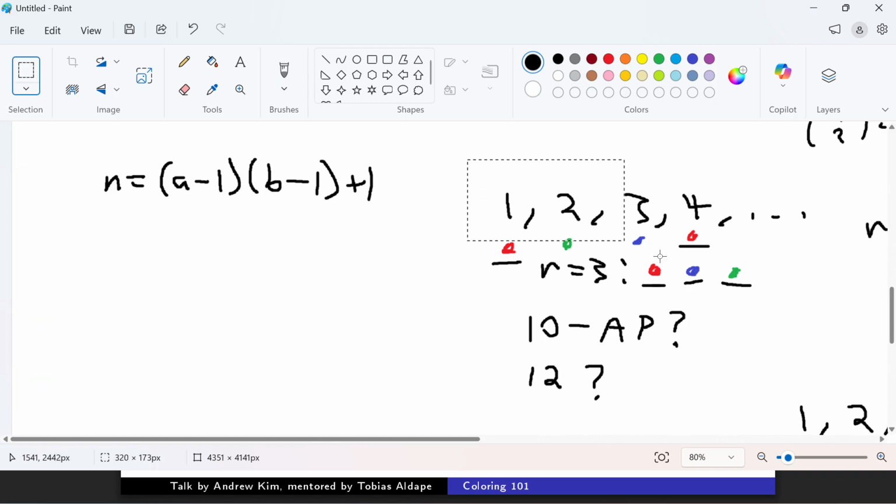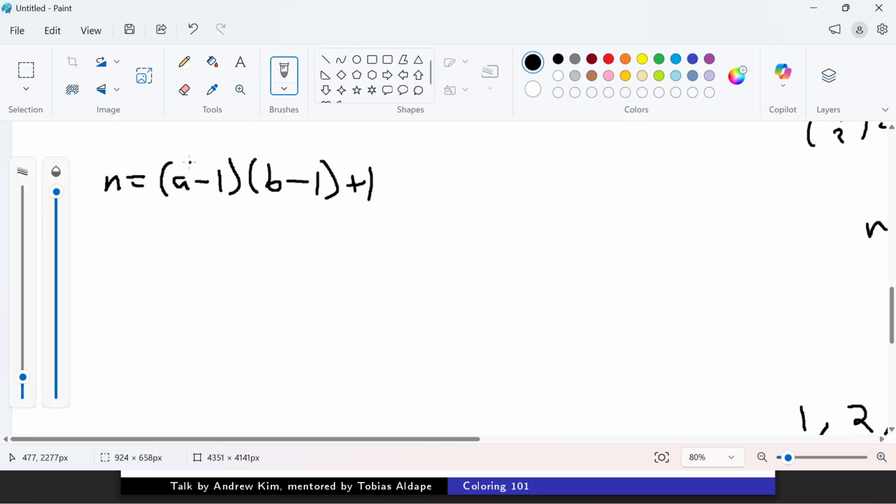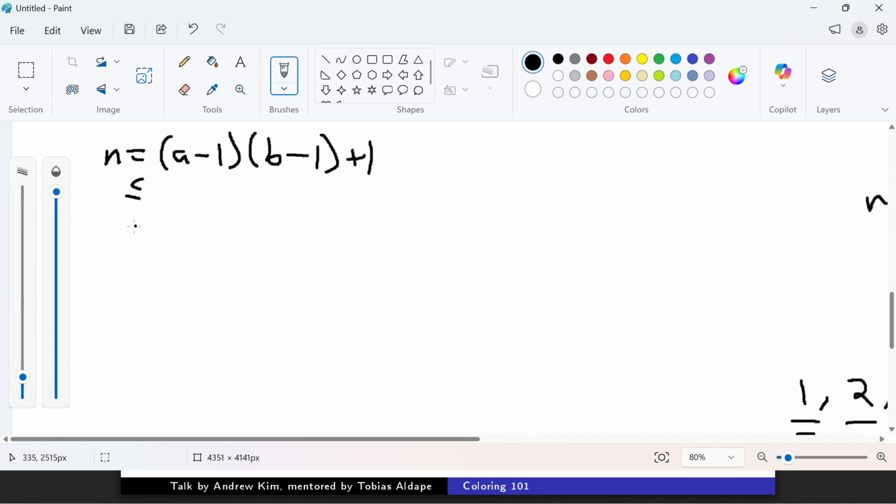One thing you'll notice is that there's no more inequality sign here, which means that we actually have both directions. That means we can find a counterexample when n is equal to (A minus 1) times (B minus 1).